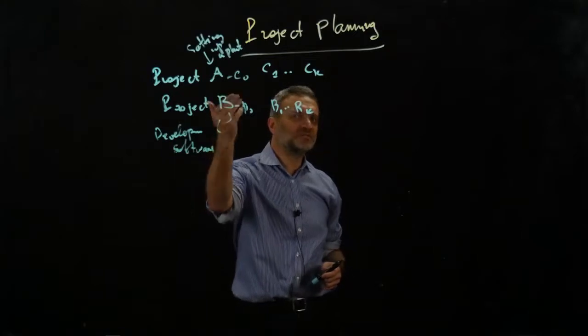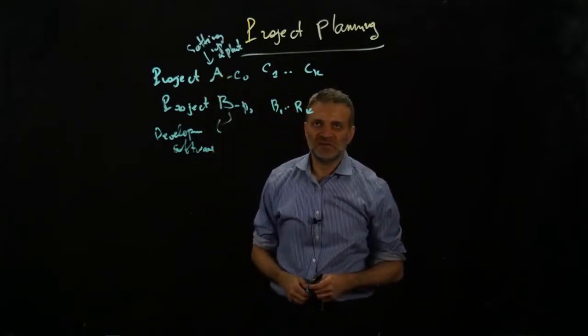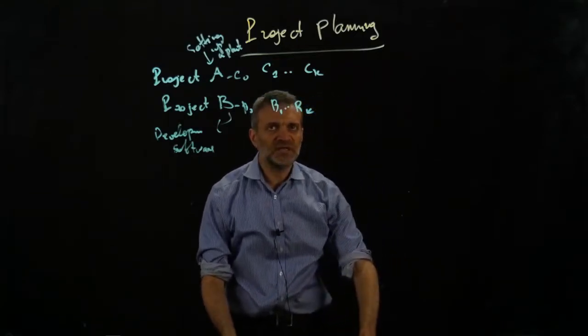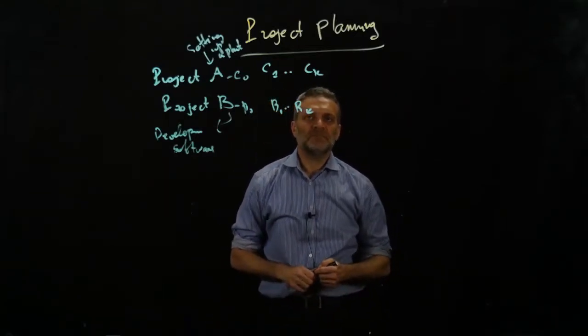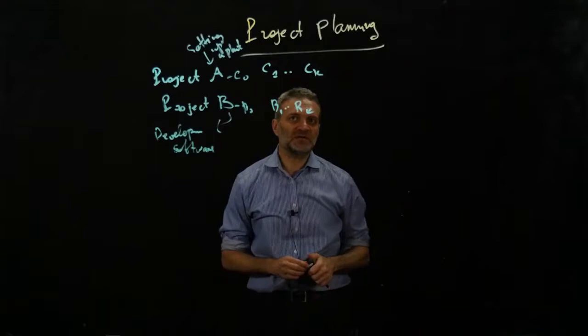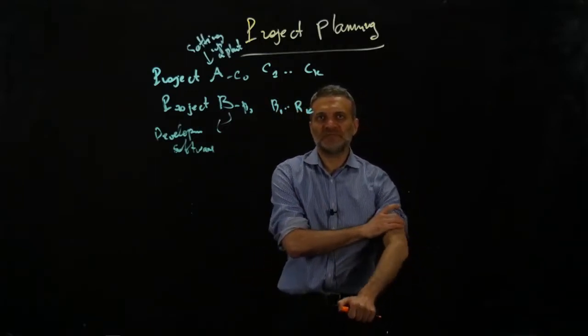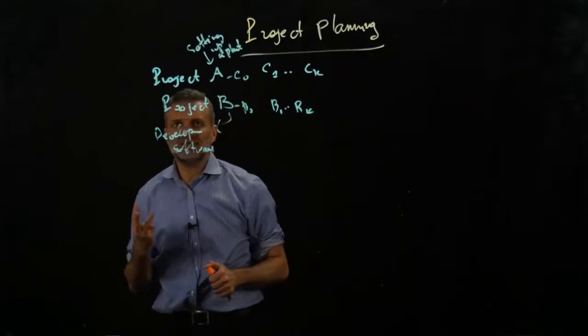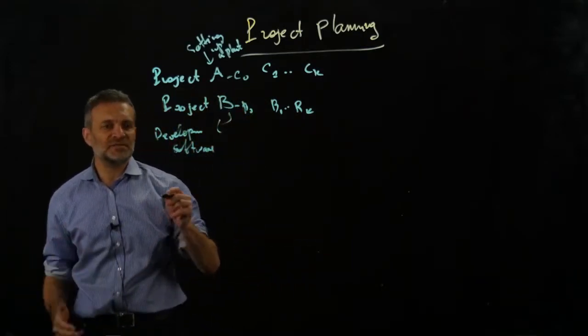Should I invest in project B or should I invest in project A? And that's what we're going to talk about today. This is part of capital budgeting or financial planning or whatever you want to call it. Now, I'm going to talk about three methods to compare.